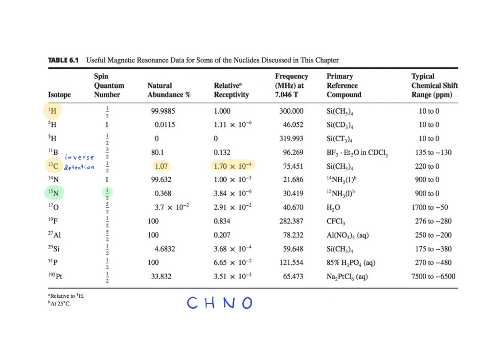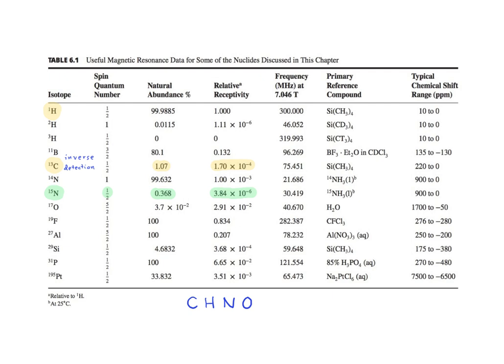Nitrogen-15 has spin 1/2. Unfortunately, it has a low natural abundance and very low relative receptivity. But once again, inverse detection of nitrogen-15 by attached or nearby proton nuclei has allowed for nitrogen-15 NMR spectroscopy to be developed to some extent.